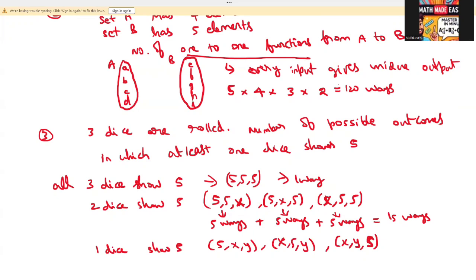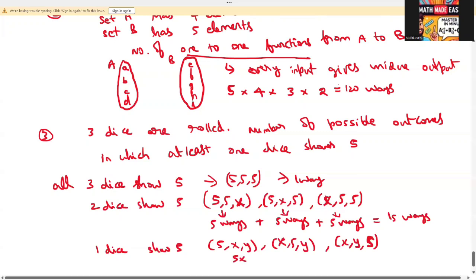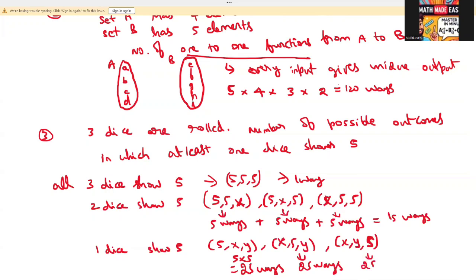And y also can take any number apart from 5, so again there'll be 5 ways for it. So 5 into 5, there'll be 25 ways for this. Individually, this will also have 25 ways, and this will also have 25 ways. We can add them up. If we add all this, we'll get totally 75 ways.